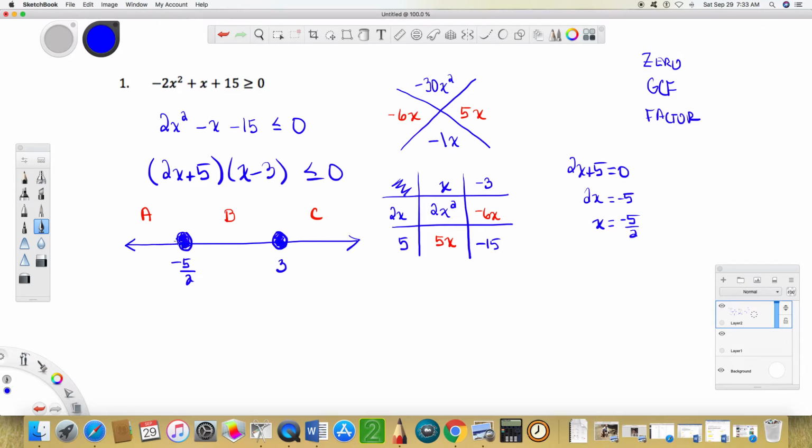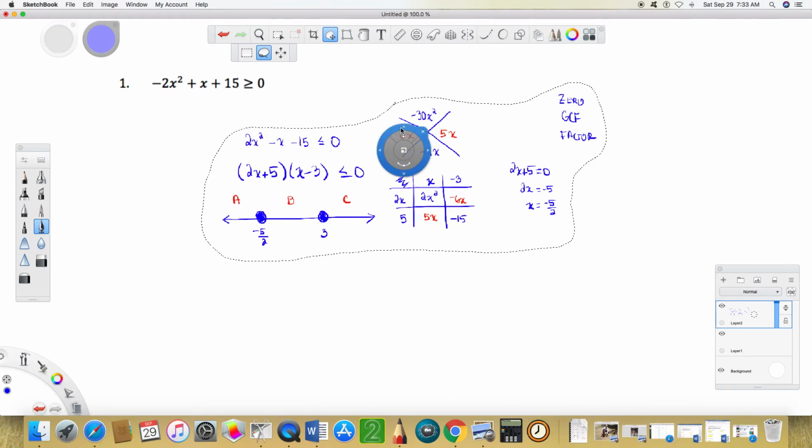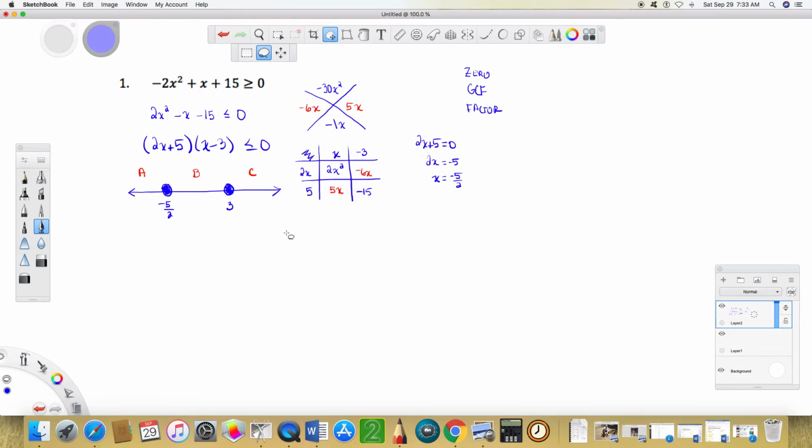So now we want to decide whether all the points in region A are in or out of our solution set, whether to shade or not to shade. We're going to pick a test point from each region that will be its representative for the entire region. If it's true for our test point, it'll be true for every number in the region. If it's false, it'll be false for everyone.